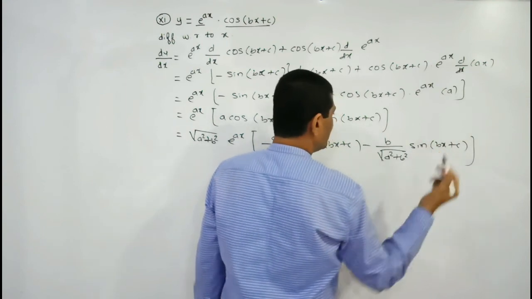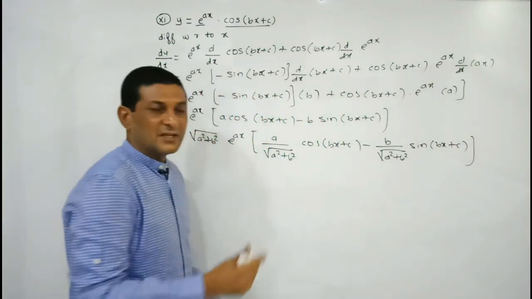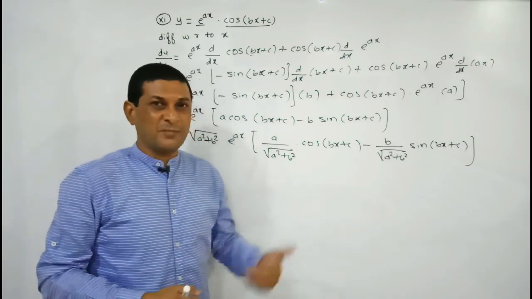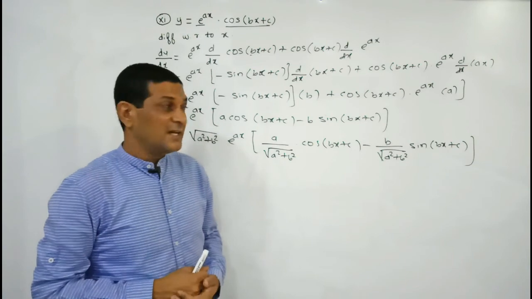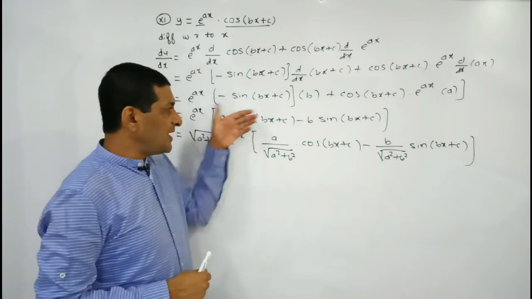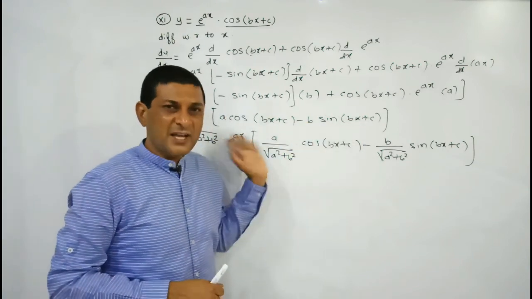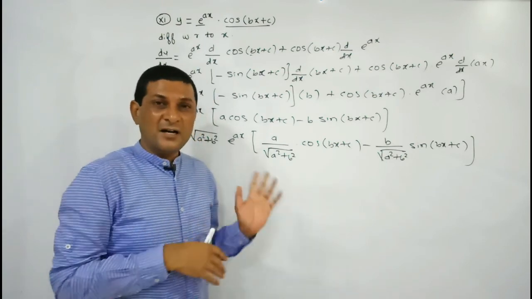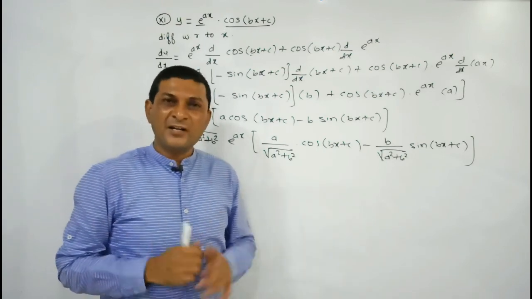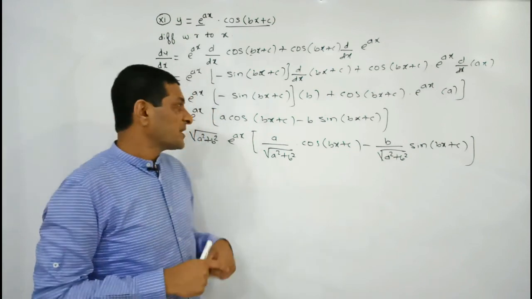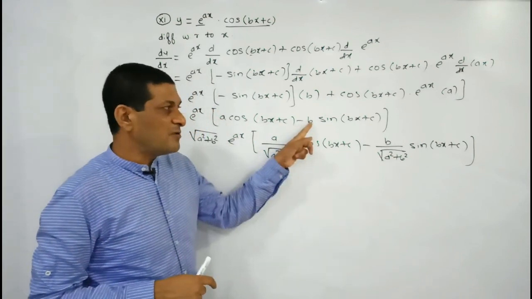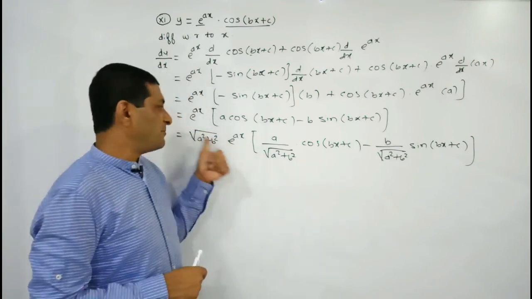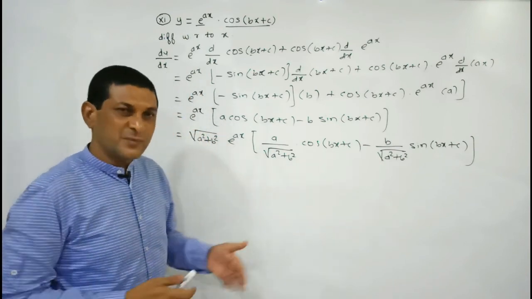We have already seen such a method for trigonometric equations in the first paper of trigonometric functions: if the equation is in the form of a cos x plus b sin x or a cos x minus b sin x, at that time divide by under root a square plus b square to simplify it, isn't it? So here also the value of a is a and the value of b is b, so simply divide by under root a square plus b square, and that's why I am multiplying by under root a square plus b square.